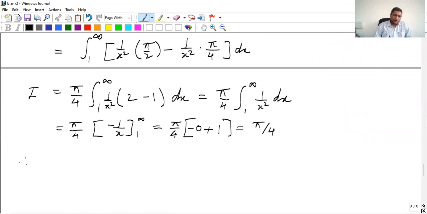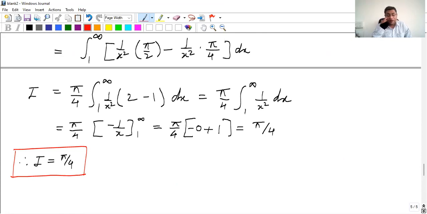So here, we get the value of the integral is going to be pi by 4. So this way, we are able to evaluate the double integral over the region.